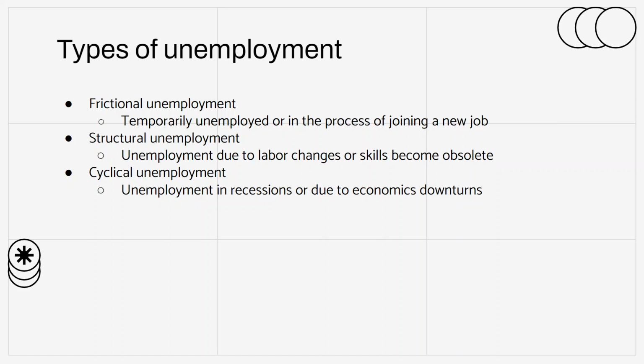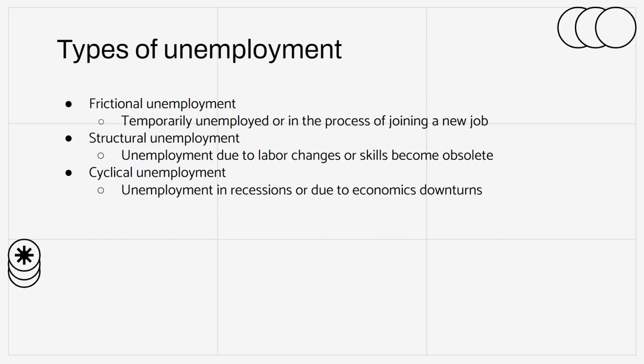Now, there are also three types of unemployment that you need to know: frictional unemployment, structural unemployment, and cyclical unemployment. So let's go through each of them. Frictional is basically being temporarily unemployed in the process of finding a new job. For example, I'm currently at company A and I'm looking for a job that gives me a higher salary.